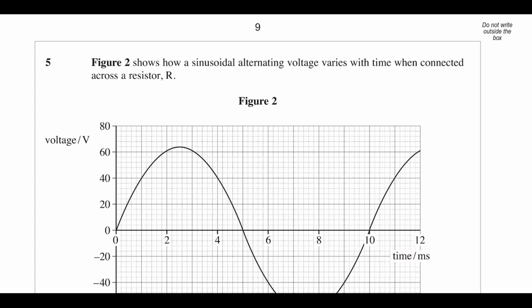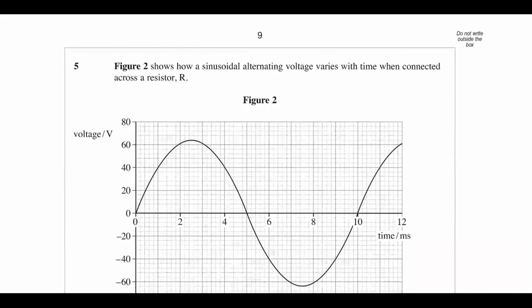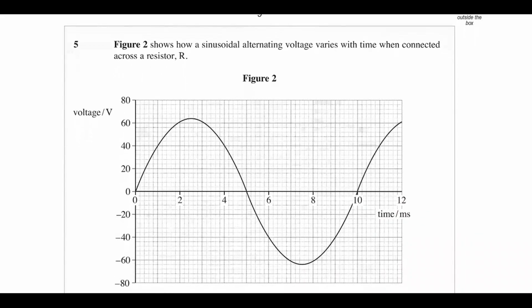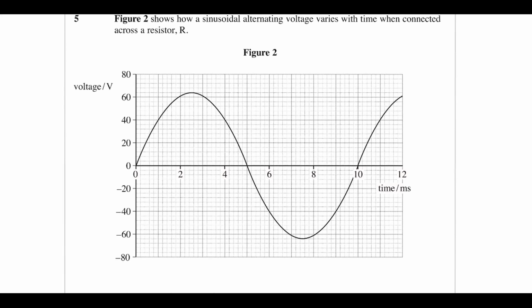All right, so this question's about AC. If you haven't got to AC yet because you're doing the new spec and that's in year 13, or that's how we do it at school anyway, do feel free to skip past this, but if you've done AC, let's continue. We've got a sinusoidal alternating voltage and how it varies with time in milliseconds. Looks very standard.